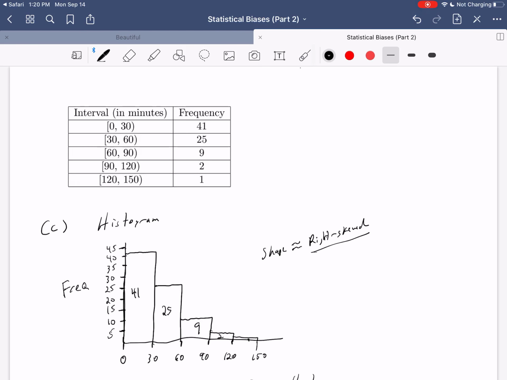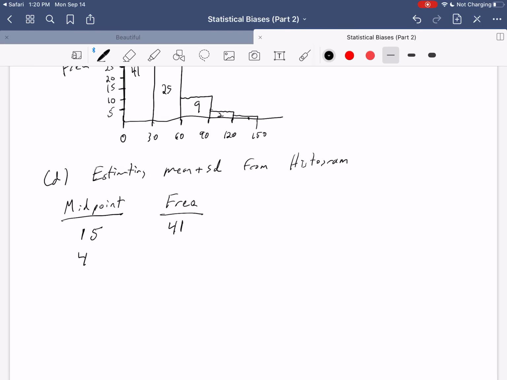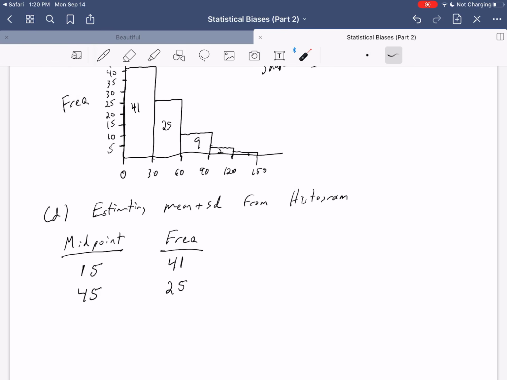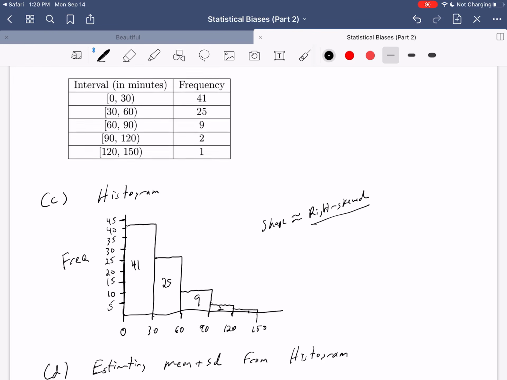The midpoint for the next one, what's right between 30 and 60? Well, you can do 30 plus 60 and then divide by 2, or we can just know that that's going to be 45, and the frequency there was 25. Then between 60 and 90, 60 plus 90 divided by 2, you're going to get 75, and the frequency was 9.